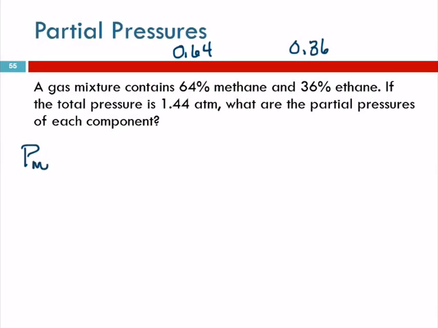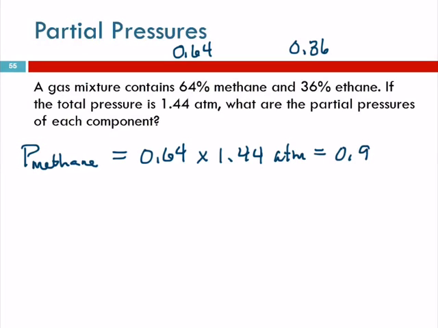So the partial pressure of methane is going to be equal to its fractional composition times the total pressure. 0.64 times 1.44 atmospheres. 0.64 times 1.44 is 0.92.